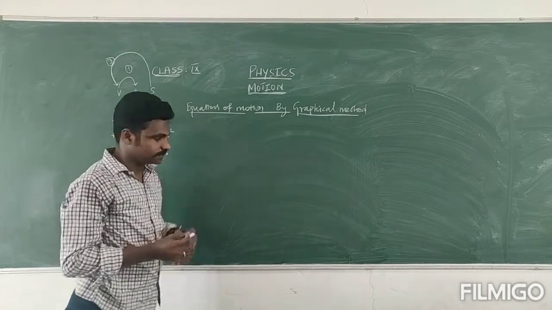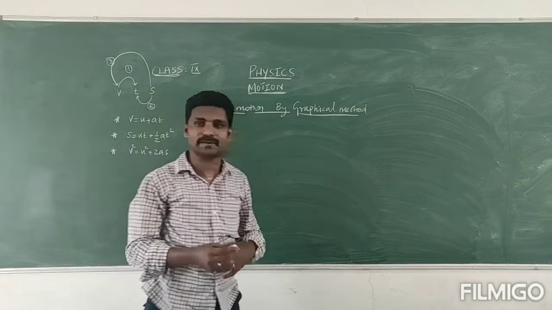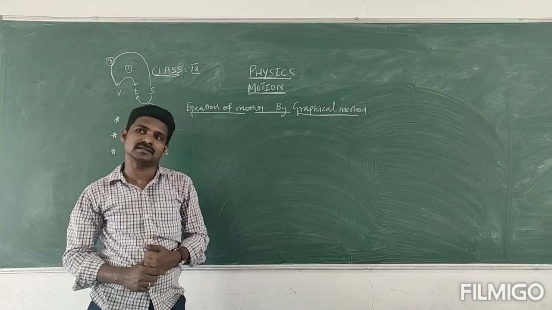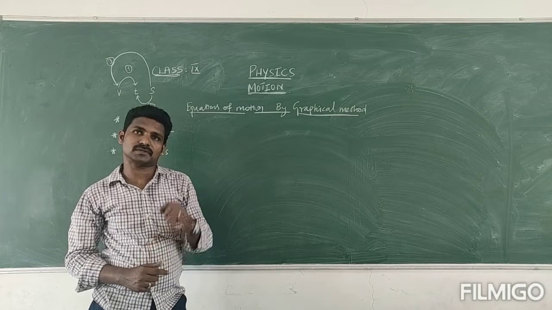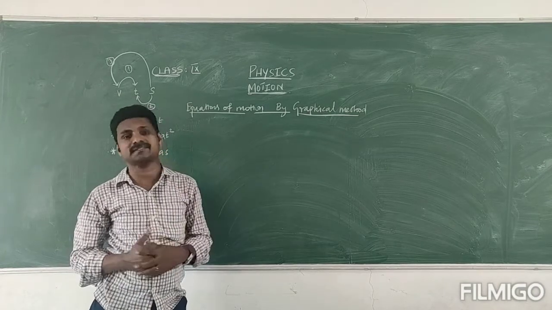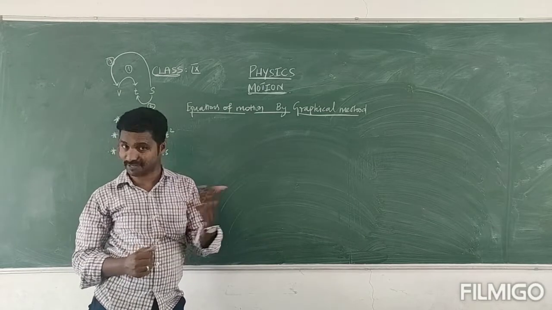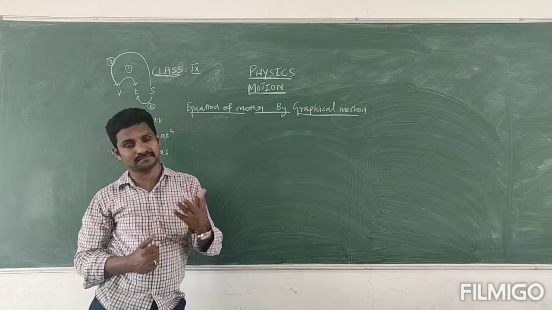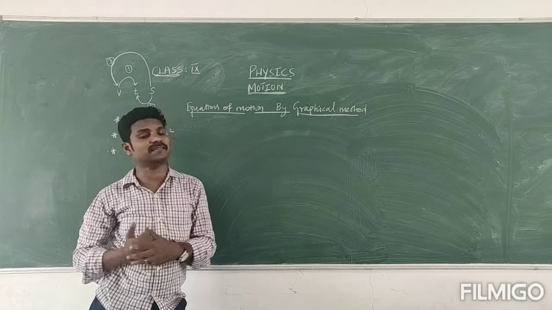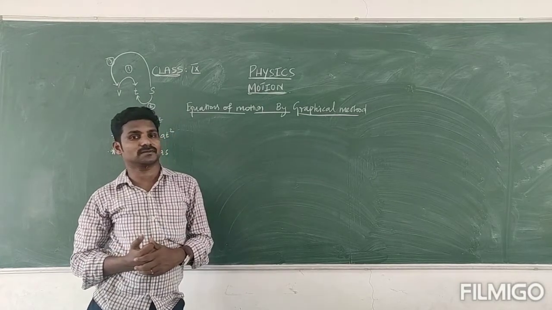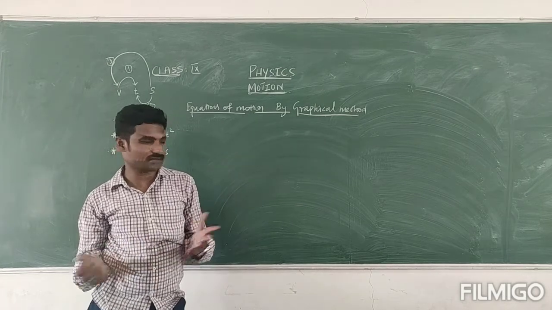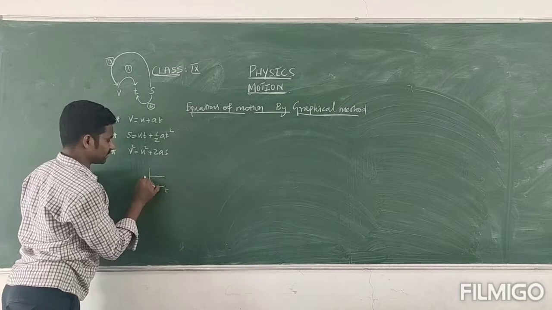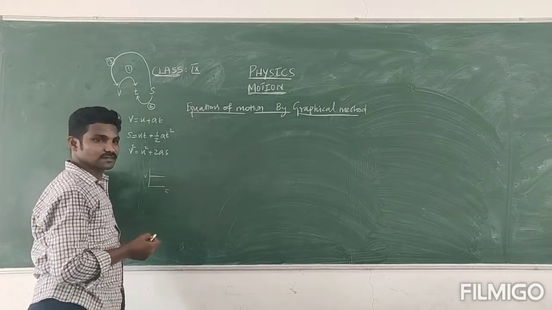We know very well about graphs because we discussed different types of graphs, like the velocity-time graph. In this situation we need initial velocity u, final velocity v, acceleration, displacement and time, everything. If you take one straight line graph, with time here and velocity here, we can see everything.